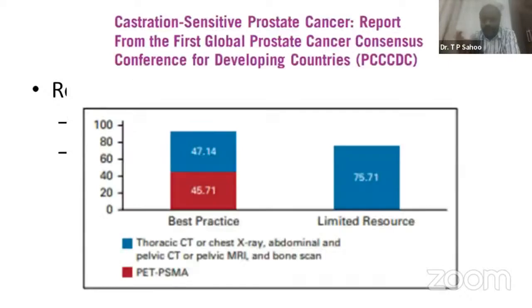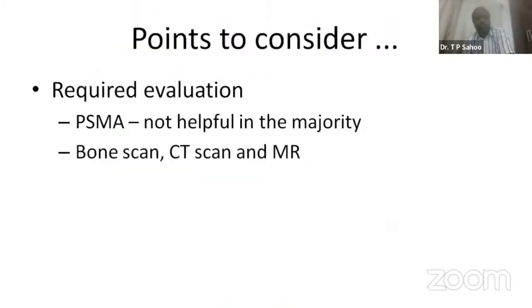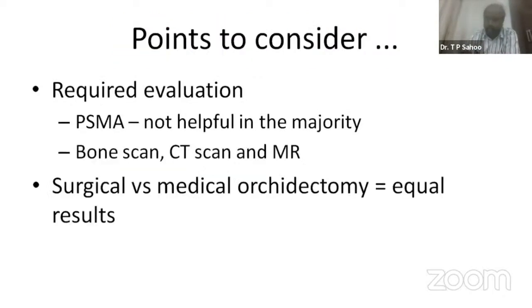One of the guidelines that has come from the developing countries says the best practice PET PSMA could be there, but even in the best of centers in the US and Europe, 50% do not do it. They have said that in limited resource settings, you need not do a PSMA PET scan in this subset of patients. You can limit it to those where you want to do a metastatic workup and where it will define your treatment.